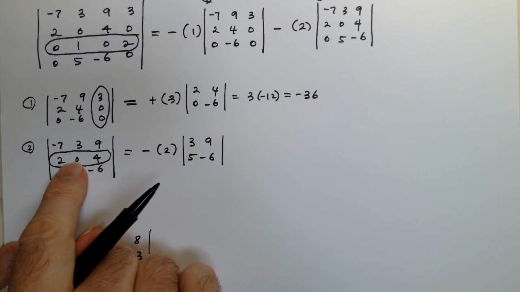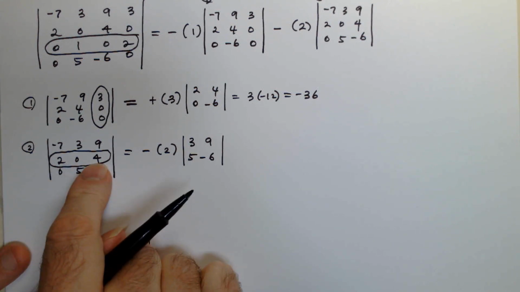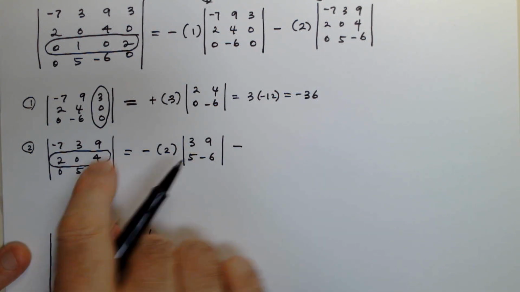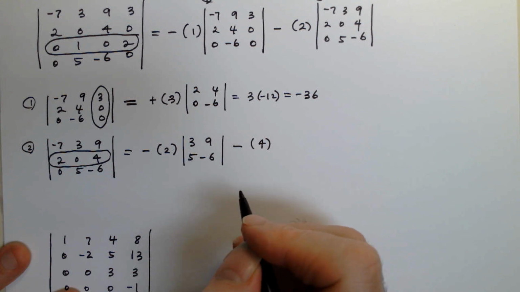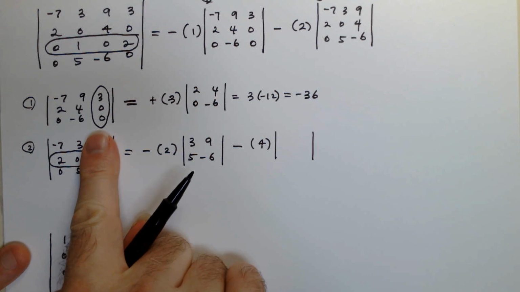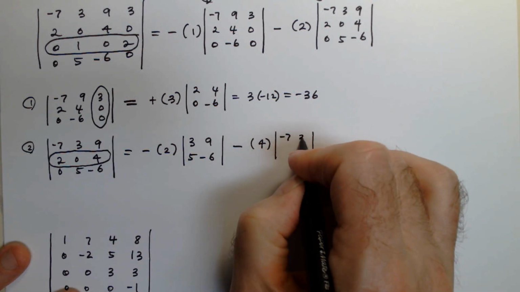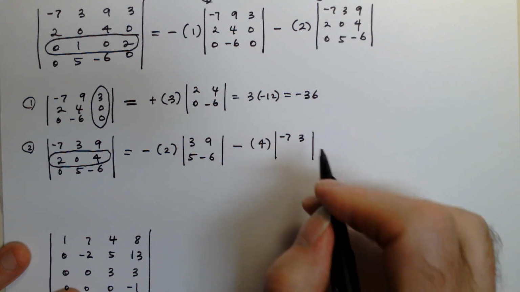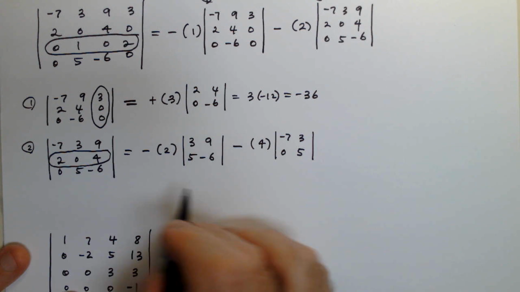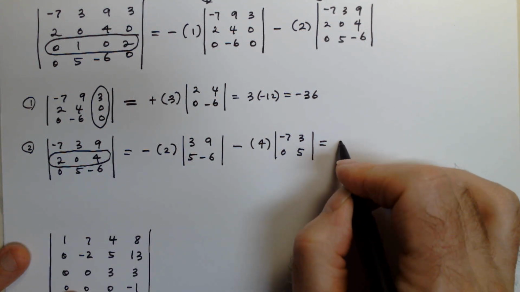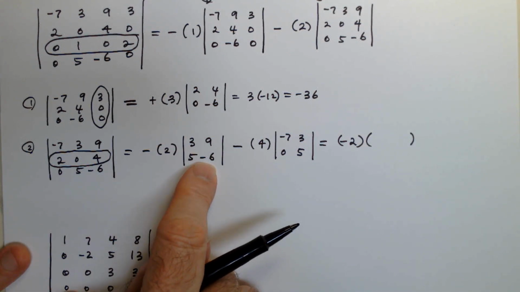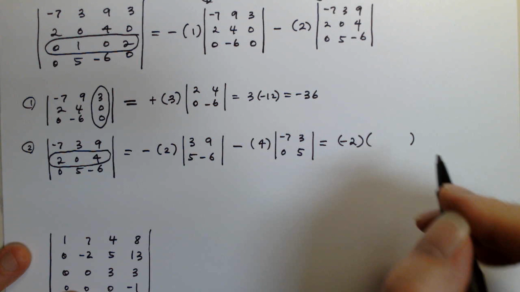Okay? I can skip that one because it's a 0. And then I'll be at this position, which again is a negative position. So I'll have a negative sign times the value of that entry, which is 4. And now I need to work out the 2 by 2 minor associated with that position. So that'll be -7 and 3, and 0 and 5. Okay? Now, let's work out each of these 2 by 2s. We'll have a -2. And here I'll have the -18 minus 45.